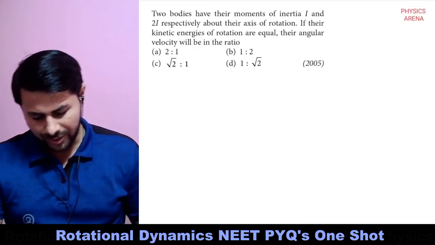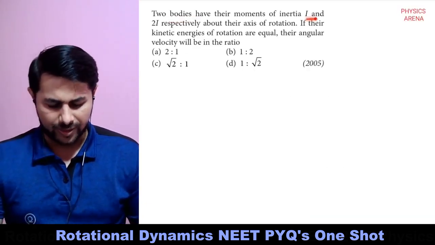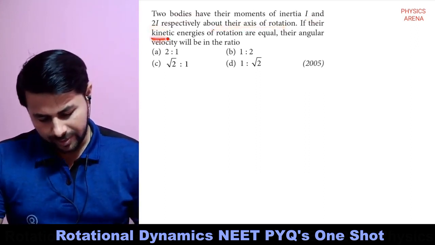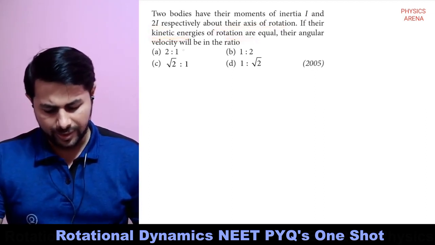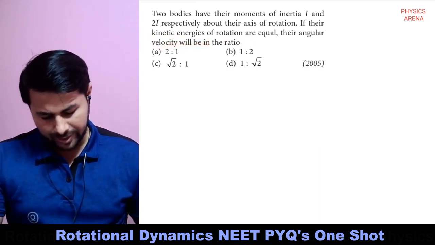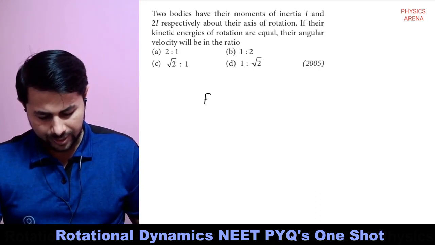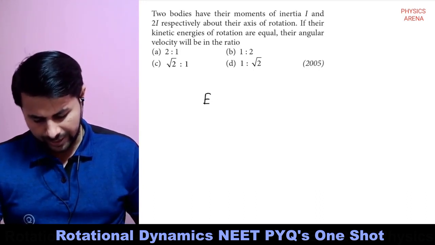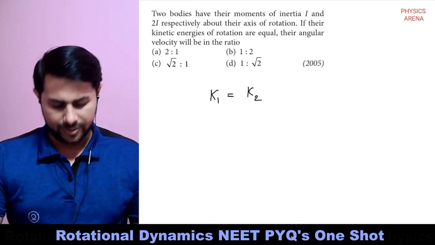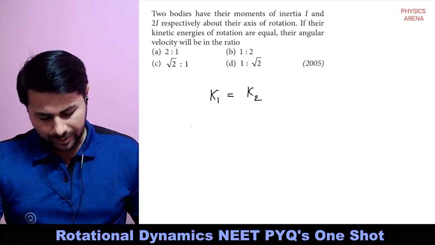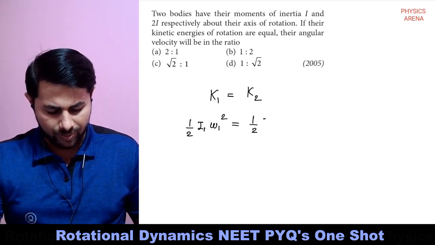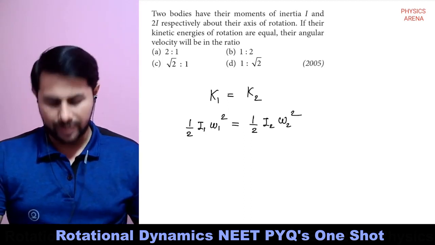So let's move on to the next question. Two bodies have their moments of inertia I and 2I respectively about their axis of rotation. If their kinetic energies of rotation are equal, their angular velocity will be in the ratio. Very straightforward, right? So kinetic energy is equal. Kinetic energy of the first one is equal to kinetic energy of the second body. So it is half of I1 into omega 1 square equals half of I2 into omega 2 square.